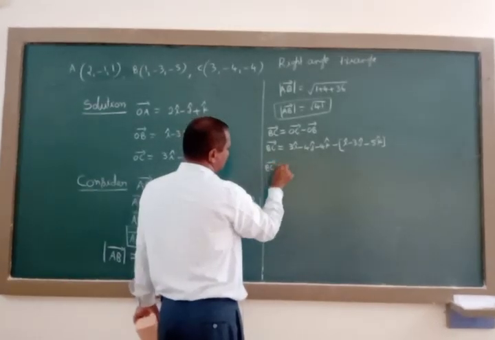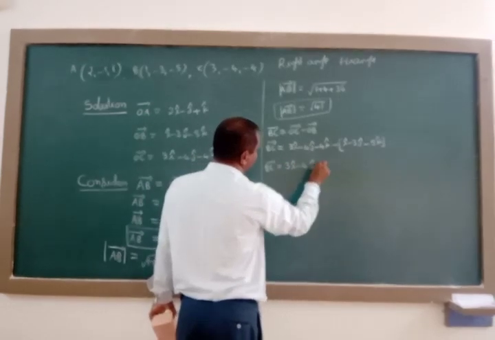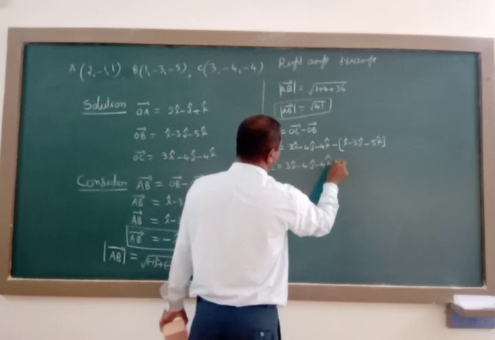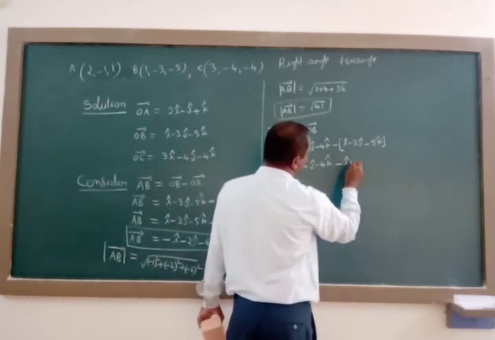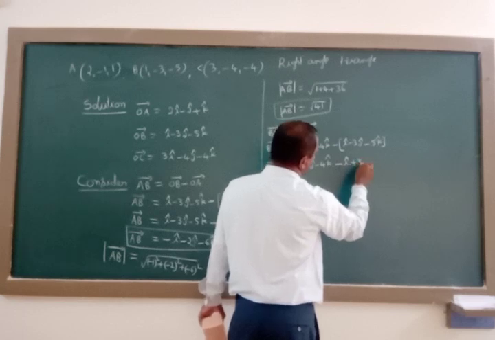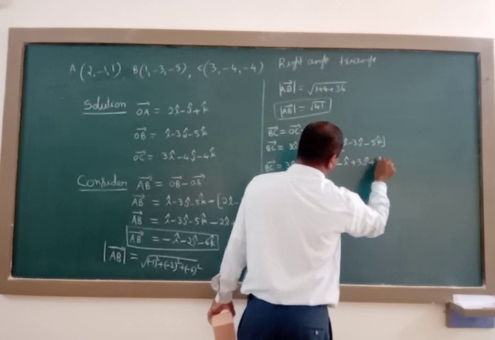Open the bracket with the help of minus: i cap minus to minus, plus 3j cap, minus to minus, plus 5k cap.